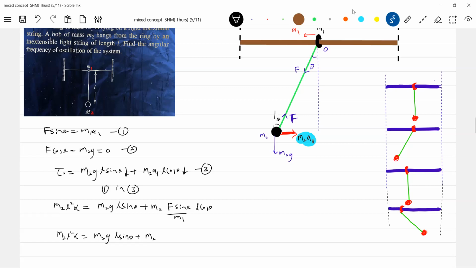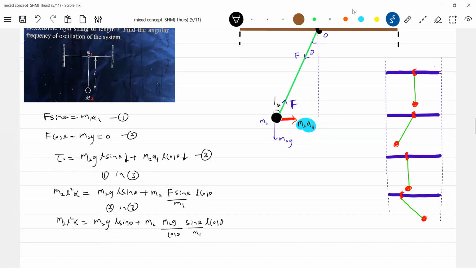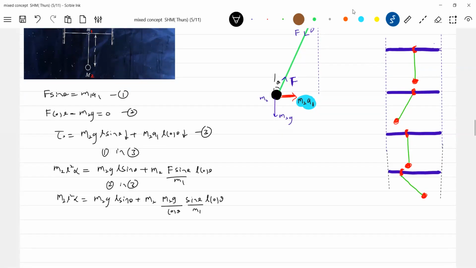So now 2 in 3. This will be M2G cos theta, sin theta, M1 L cos theta. One M2 gets eliminated. One L also gets eliminated.